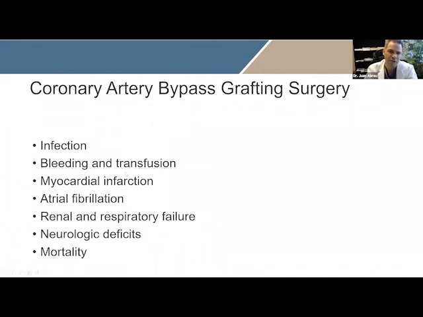It's about a 20% chance. Now, most of the time, this one resolves within 3 days. But if it doesn't, there's another subset of patients that will resolve within a couple of months. And usually it's treated with some medications. A very small amount of patients will be on this permanently. But it's one of the most common things, and we have protocols in place to try to prevent this.